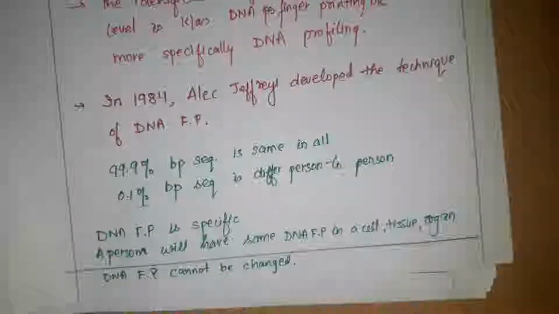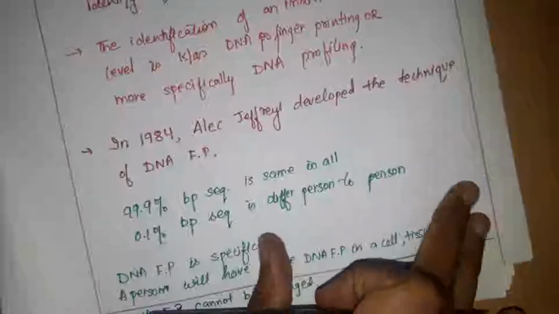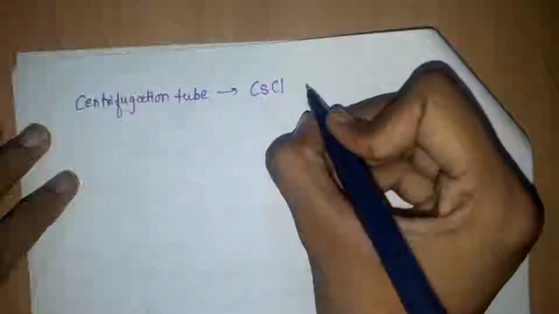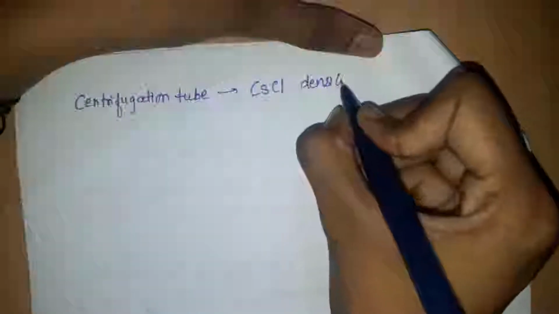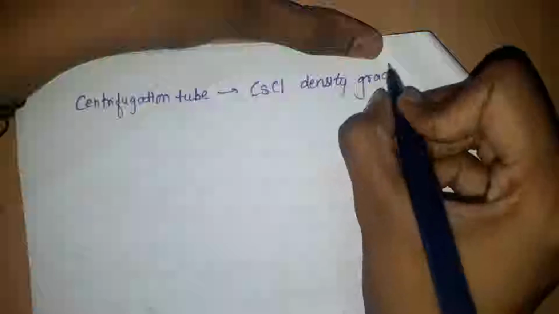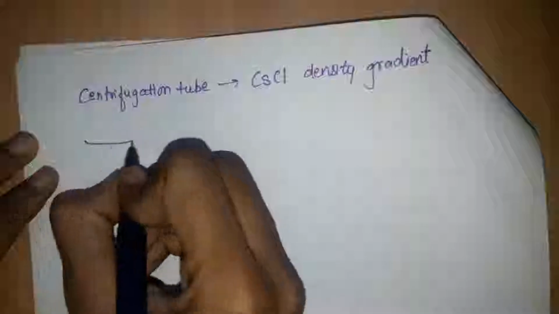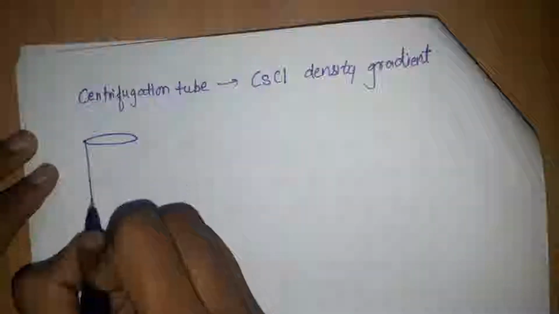Now, we centrifuge our DNA sample in a centrifugation tube. For that, we are using cesium chloride density gradient. Let's take this is the tube of centrifugation.